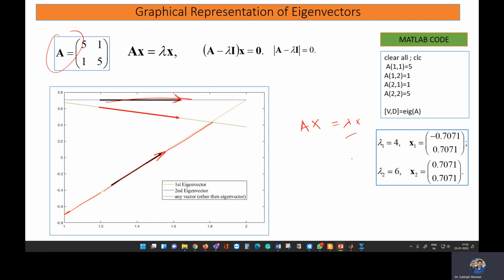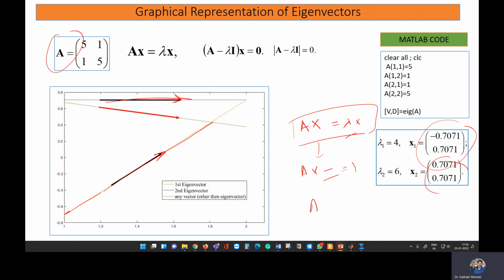Now what we will do, if we consider any vector other than your eigenvector, what we are getting, that we'll see. First we will take any vector x, other than these two eigenvectors, and we'll see what we are getting.